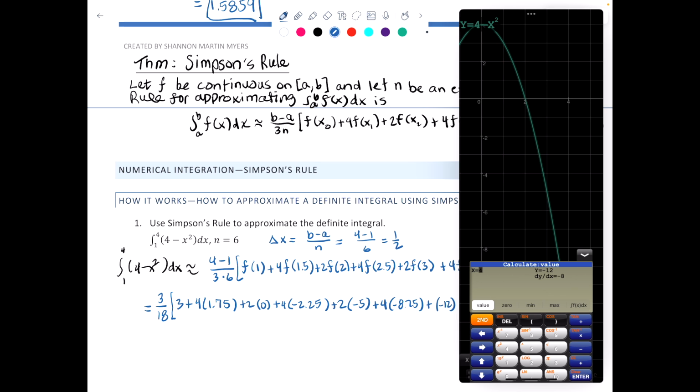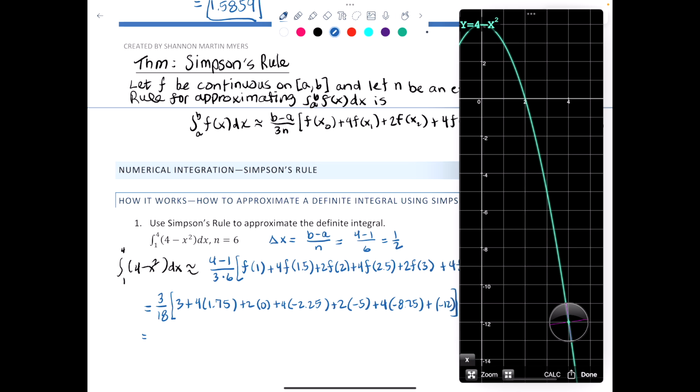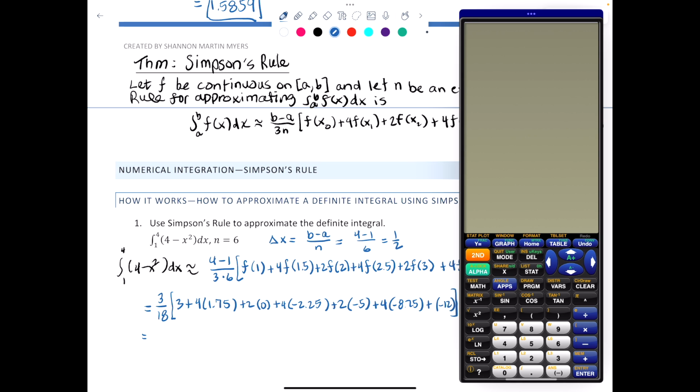Excellent. All right, so now the 3/18 is 1/6. Okay, so we'll quit out of here and then we'll go into adding this up.